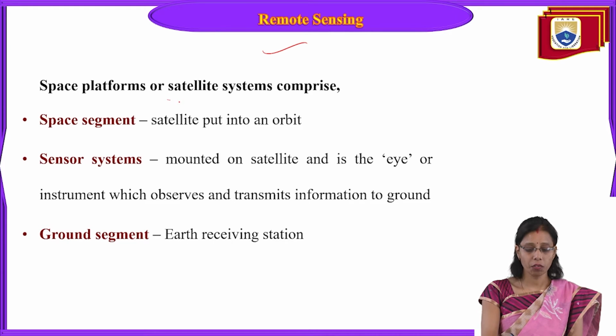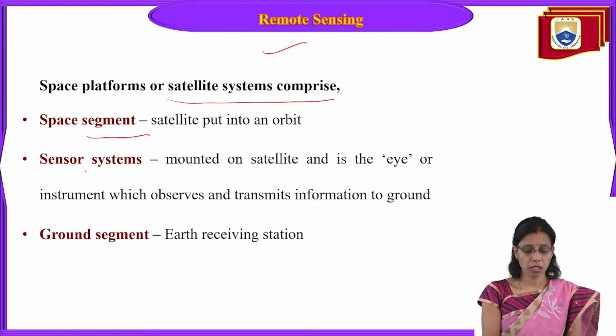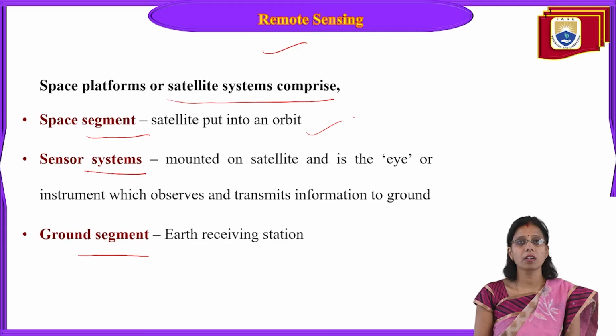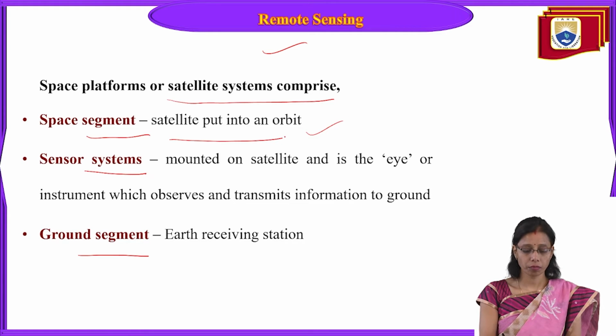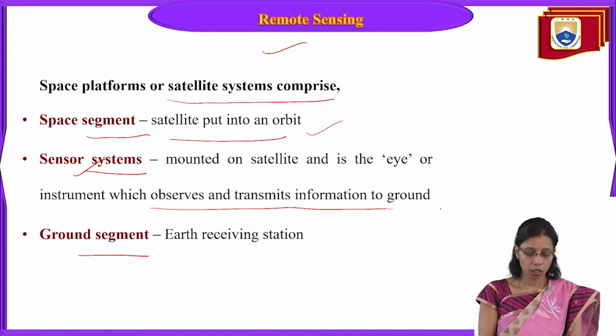Space platforms or satellite systems comprise the space segment, sensor systems, and ground segment. The space segment is the satellite put into an orbit. The sensor system is mounted on the satellite and is the eye or instrument which observes and transmits information to the ground. The ground segment is the Earth receiving station.